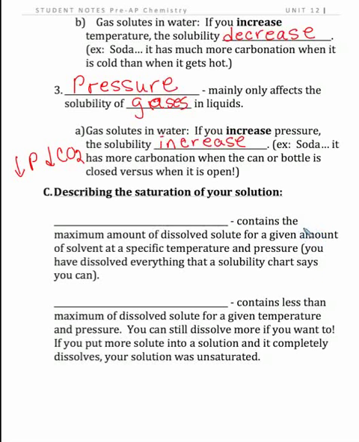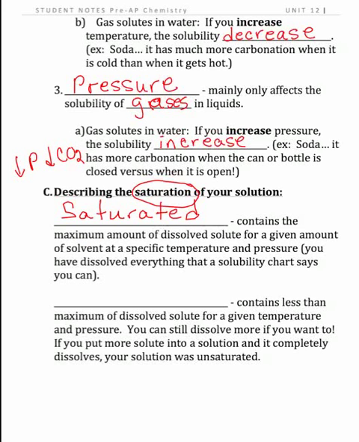Now those are the factors that affect the rate and the amount. Now let's talk about that word saturation that I just introduced. There are three words that we use. Saturated. If something is saturated, it means full of.